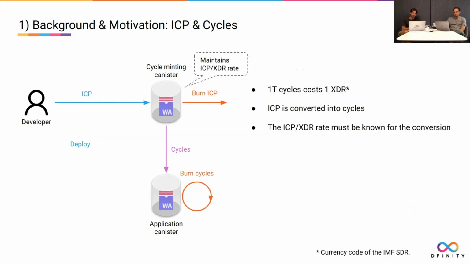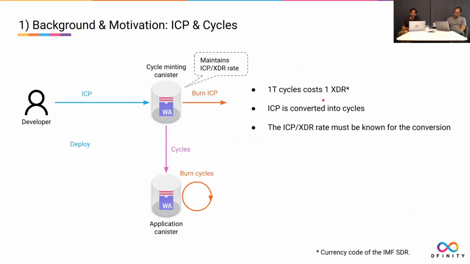Other than the different use case scenarios for ICP and cycles, they also differ in that the ICP price is determined by the markets, whereas the cycle price is pegged to XDR, which is the currency code of the IMF SDR, which is a basket of 5 currencies.